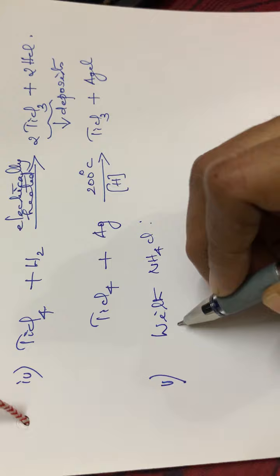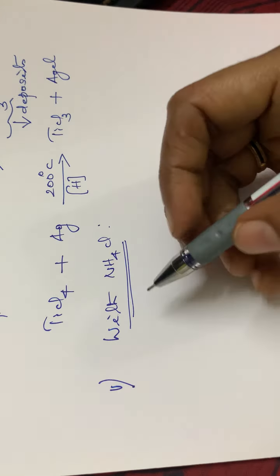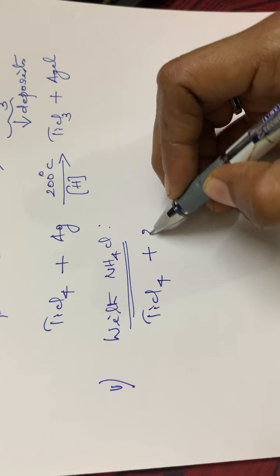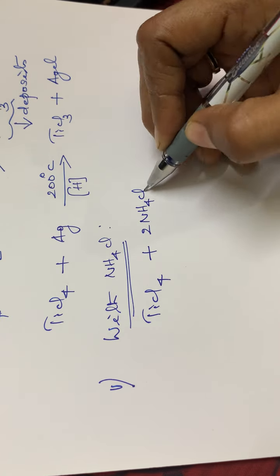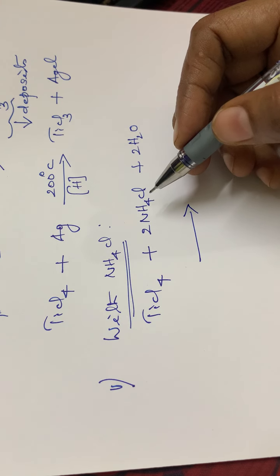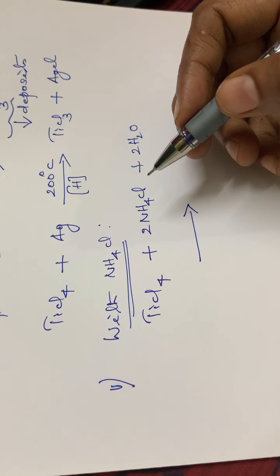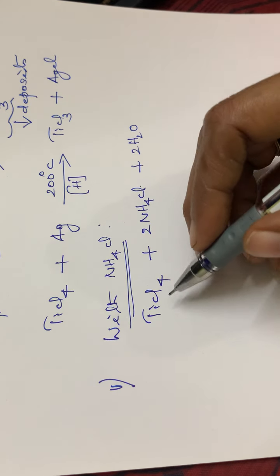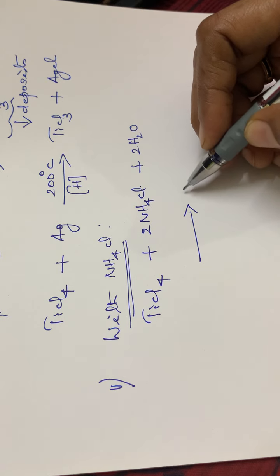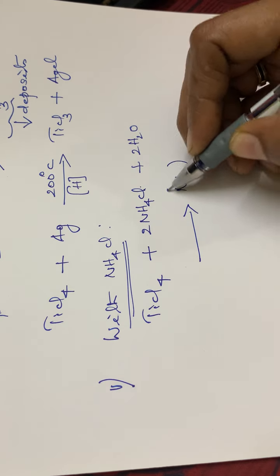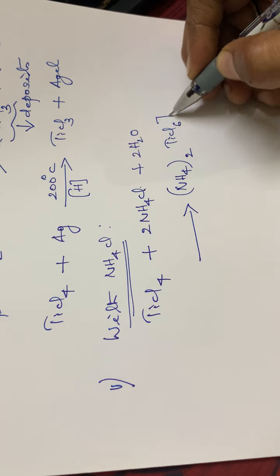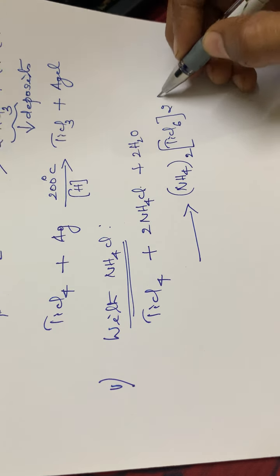With ammonium chloride, see, titanium tetrachloride plus 2NH4Cl plus 2H2O. In presence of ammonium chloride, the product obtained will be ammonium chlorotitanate, and the formula is (NH4)2TiCl6 with 2H2O.